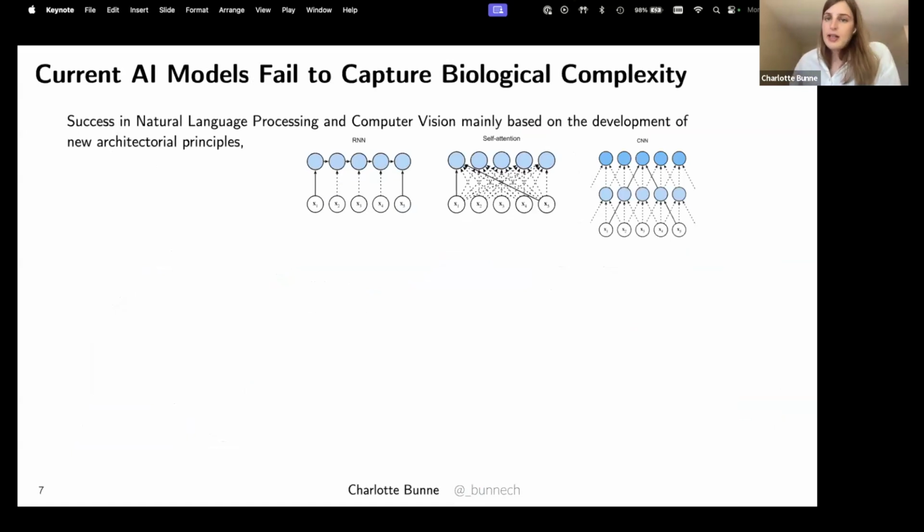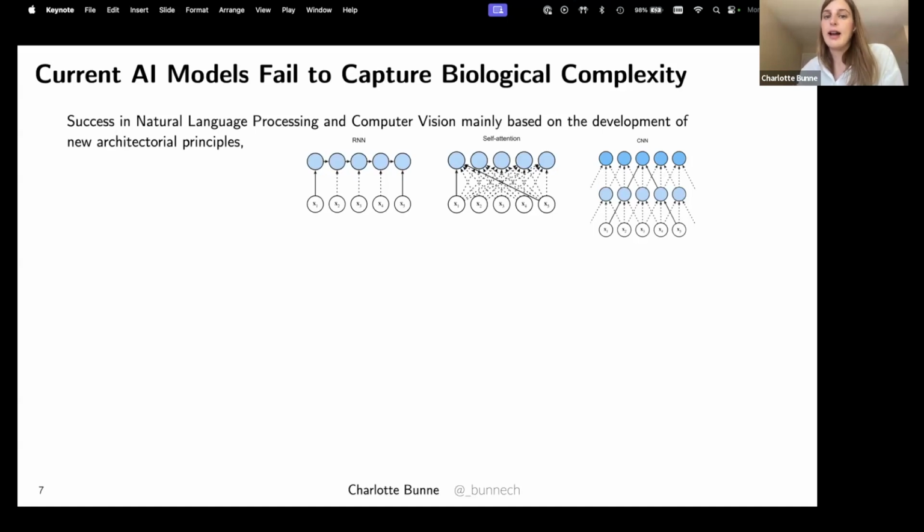On the other hand, even though we have this massive amount of data, it's not that our AI methods right now really excel at capturing and generalizing across this biological complexity. What we've seen is that in fields where AI has gotten us through several breakthroughs, we have very specific architectures or architectural principles designed for the type of data we are facing.